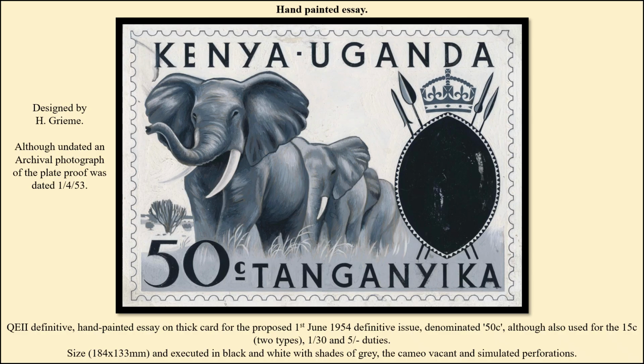The stamps that were designed from it only had 2 elephants, and they were on the 15 cents. That's both types, the 1.30 and the 5 shilling values.